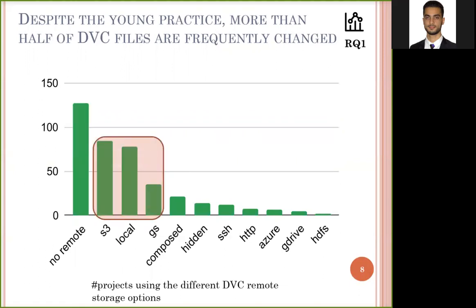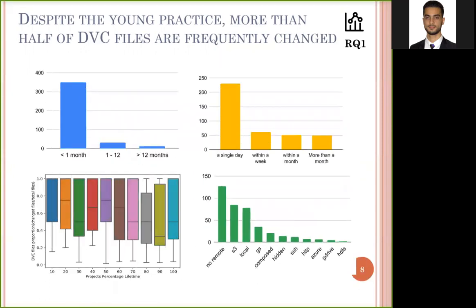The three most used data storage locations are Amazon with 85 projects, local cache files with 78 projects, and Google Cloud Storage with 35 projects.